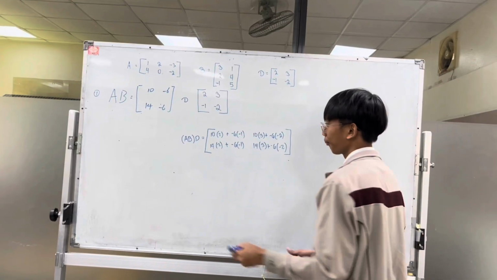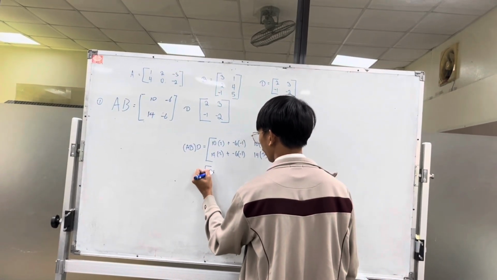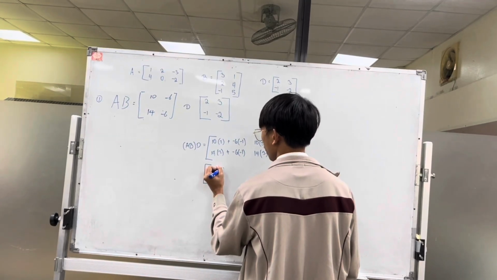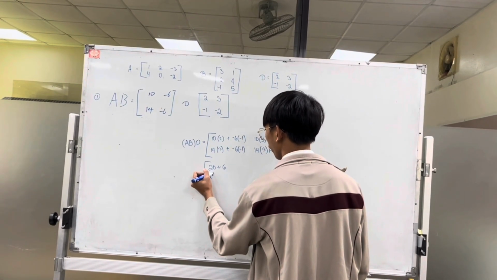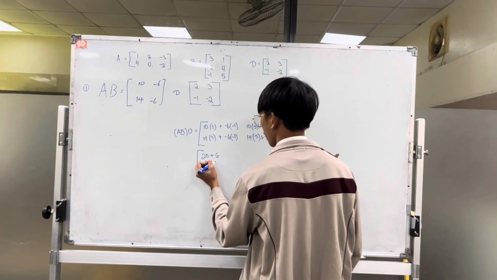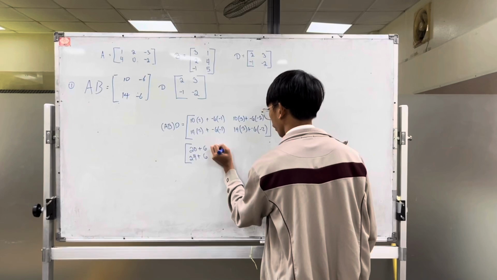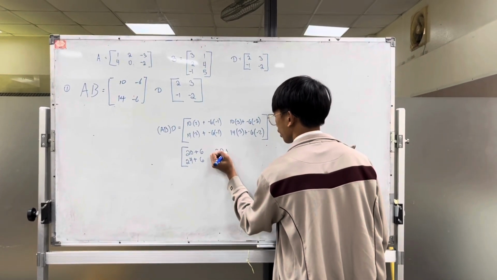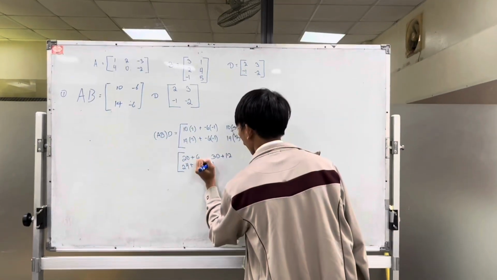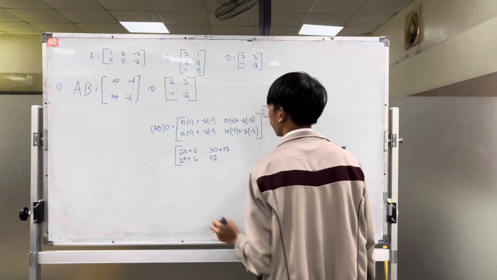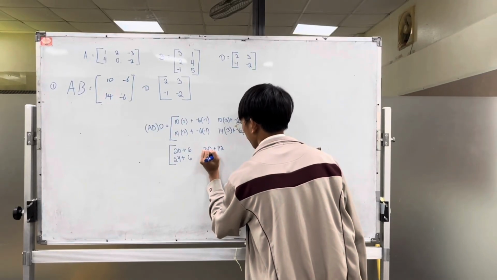So let's solve. That is 20 plus positive 6, 24 plus positive 6, 30 plus positive 12, 40 is 42 plus positive 12.